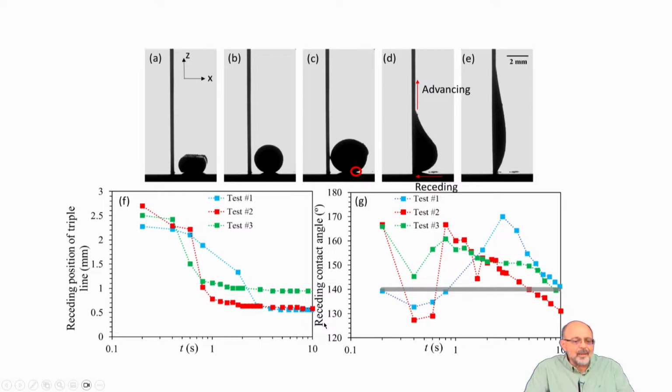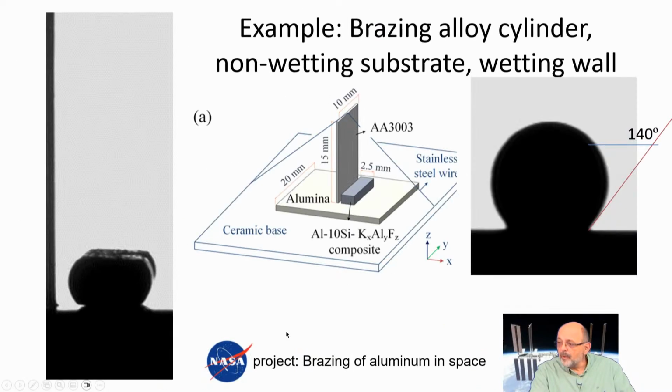So, if you measure contact angle with the non-wetting surface, with the horizontal surface, not this experiment. There were other experiments. This experiment is on a surface which is too big. You cannot take it in space, right?